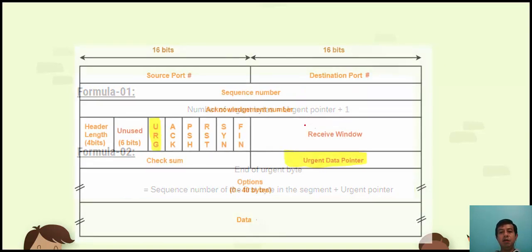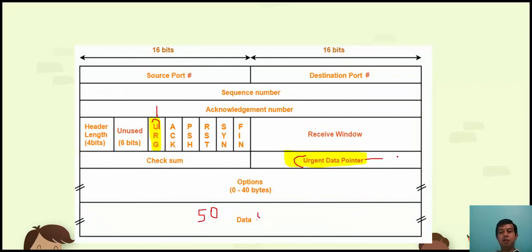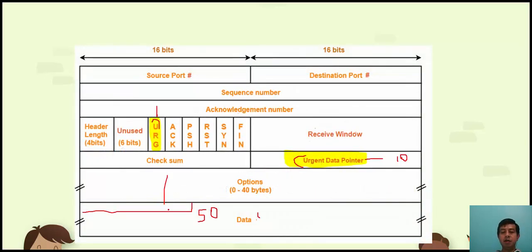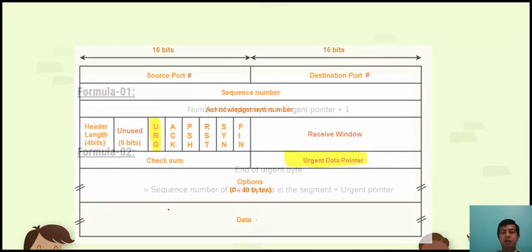Say this value is 10, that means 10 plus 1, 11 bytes of data starting from the beginning is urgent. There are 50 bytes of data, and out of these 50 bytes, the first 11 bytes are urgent. Whatever value is there in the urgent data pointer field is incremented by 1, and that amount of data is urgent in that particular packet.